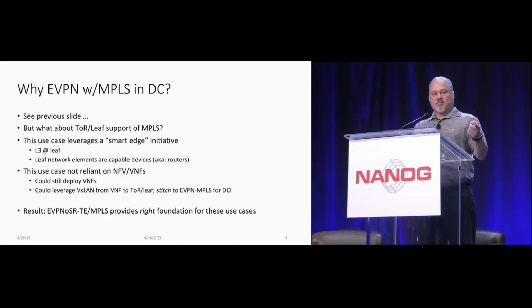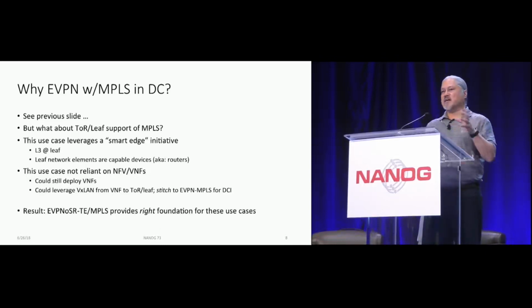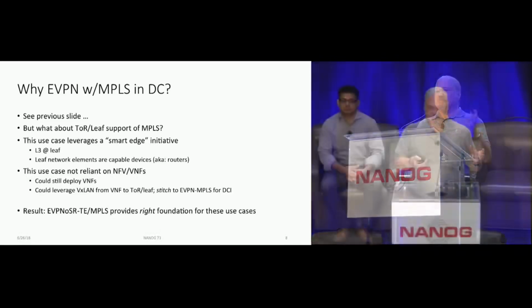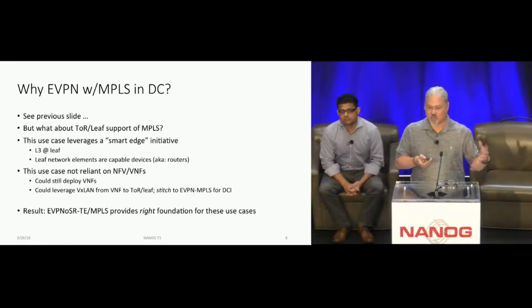Back to VXLAN. VXLAN is needed to support NFE. In this use case, the CE device is not a multi-tenant server like in a typical data center. Equinix is an IXP, so that CE device is another router or potentially a switch. So you really don't need virtualization there.